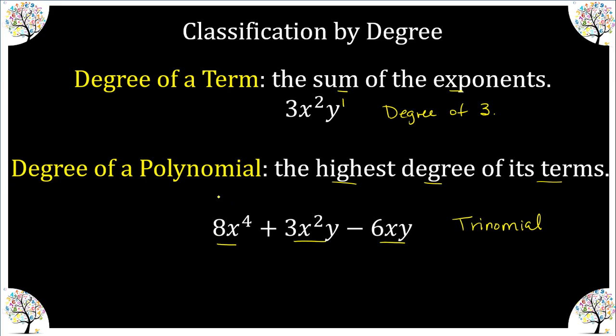So we can see that this term has a degree of 4. This term has a degree of 3. And this term has a degree of 2. So we would say that the degree of the entire polynomial is a degree of 4.